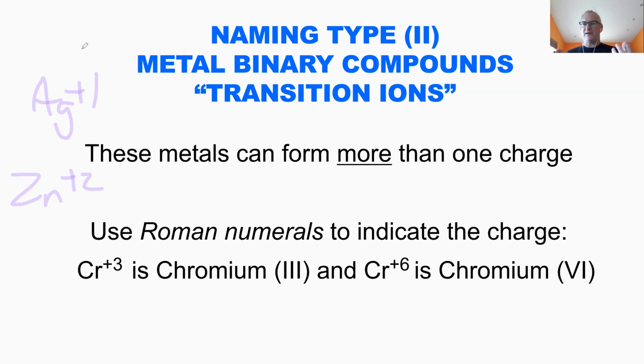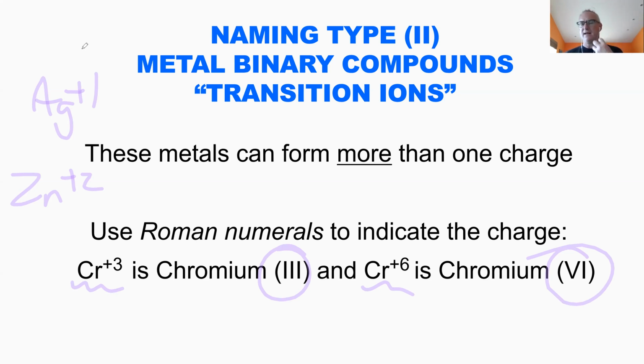Chromium, for instance, can have a lot of different charges, anywhere from +1 to +7. It's usually either +3 or +6, but it can be a lot of different charges. And so if you have chromium chloride, that's a lot of different potential compounds. So you have to say, is it +3? Is it +6? Is it +7? Is it +5?